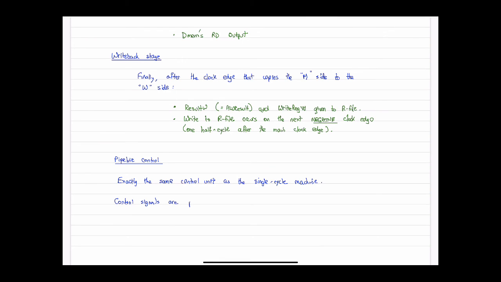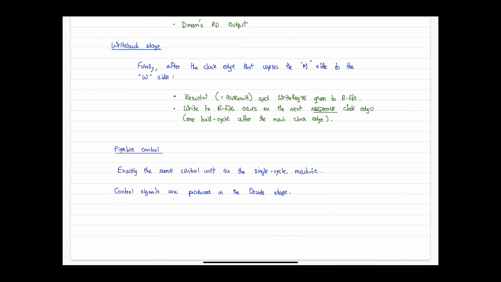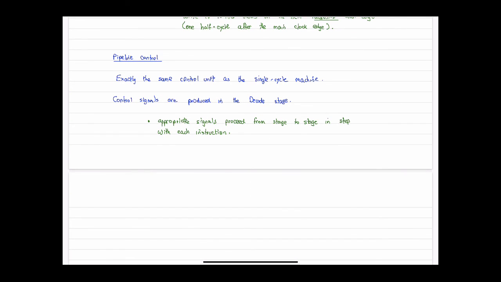The only difference, of course, is that the control signals must arrive at the correct pipeline stages through the appropriate pipeline registers. And this is done in step with the data for each instruction. So the control signals follow the instruction along the data path.